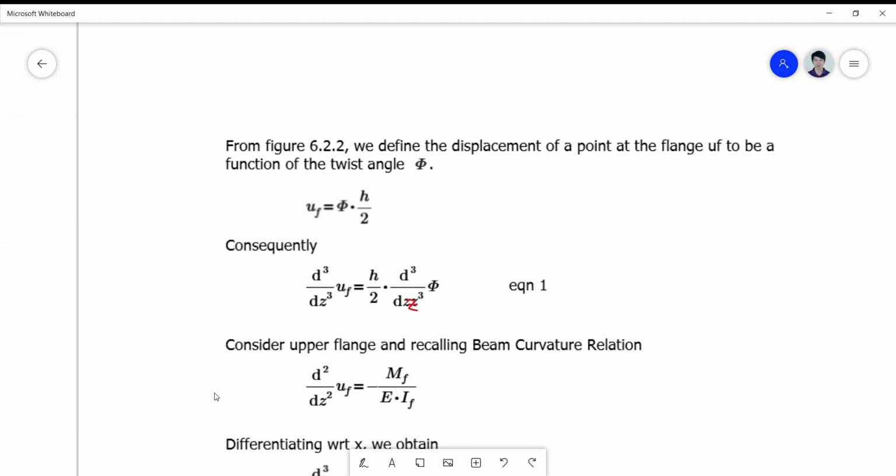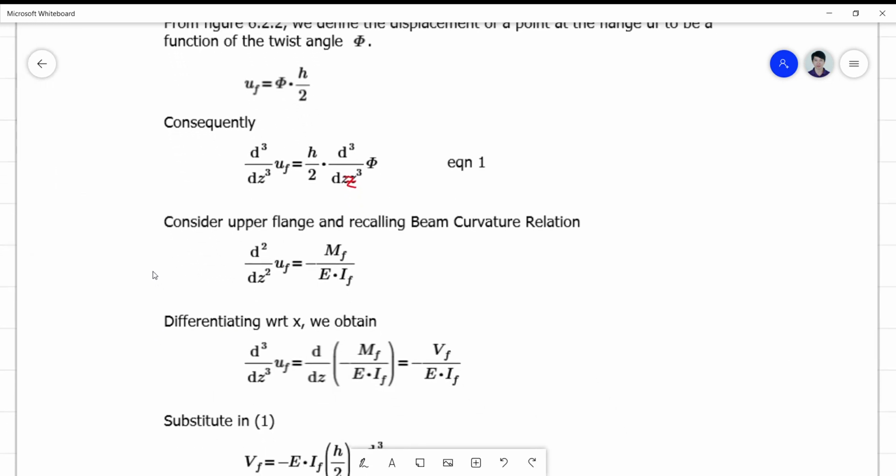Okay, for the interpretation of a simple beam bending or beam curvature, we can now recall the moment curvature formula, wherein the second derivative of the deflection or displacement, uf in this case, is simply your curvature Mf over EI.